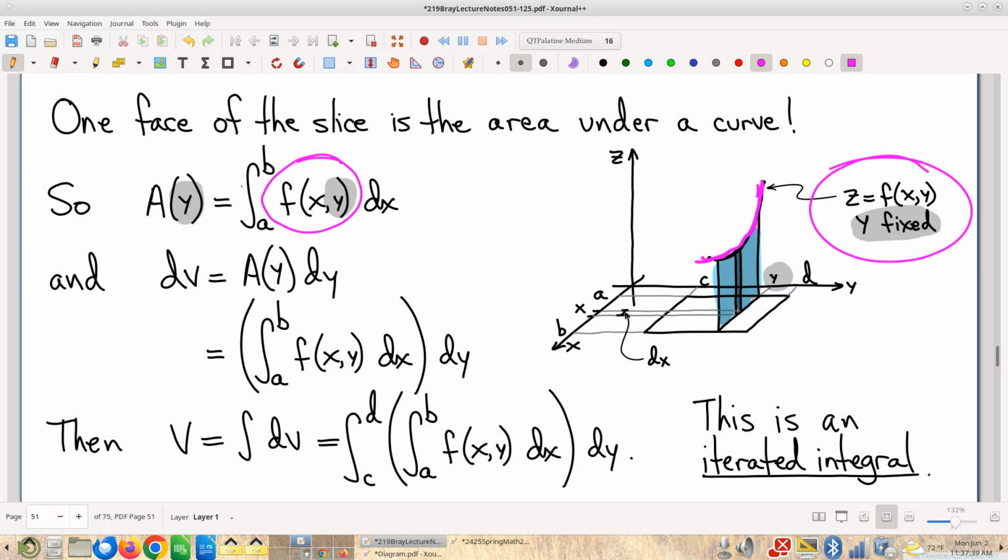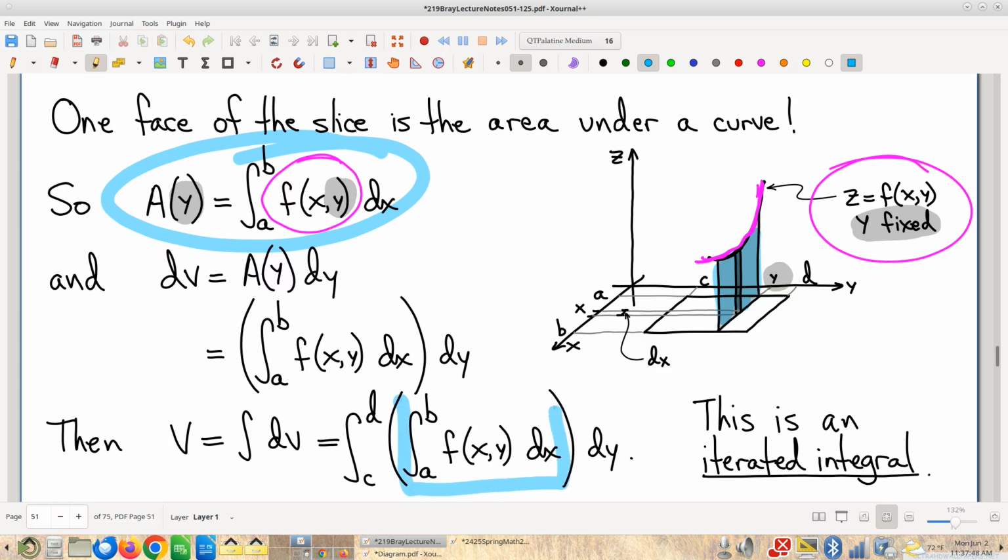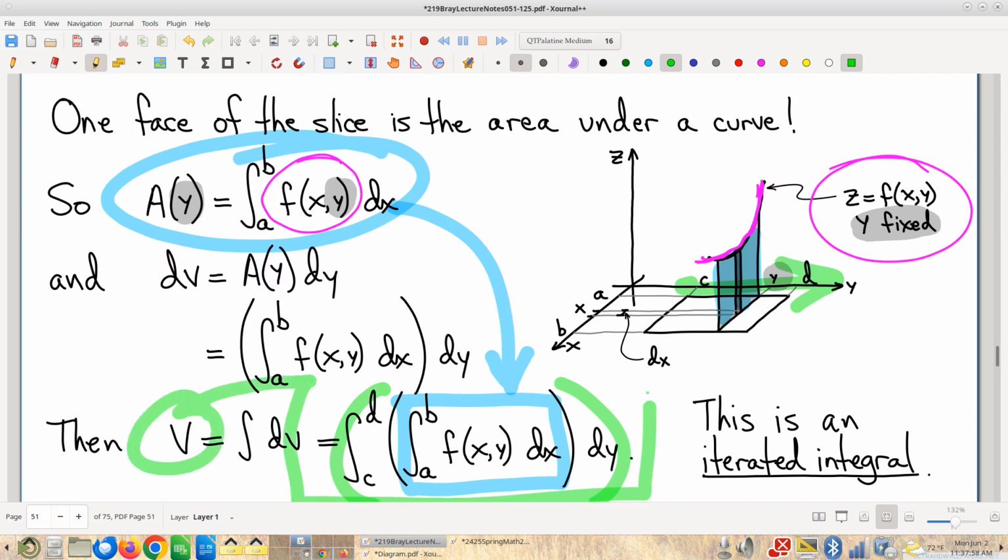So that said, this is how we compute that cross-sectional area, and that's really all we needed to proceed. And once you know that cross-sectional area, that is what you do an integral of as y ranges from start to finish there, and that'll compute that volume for us, the total volume.